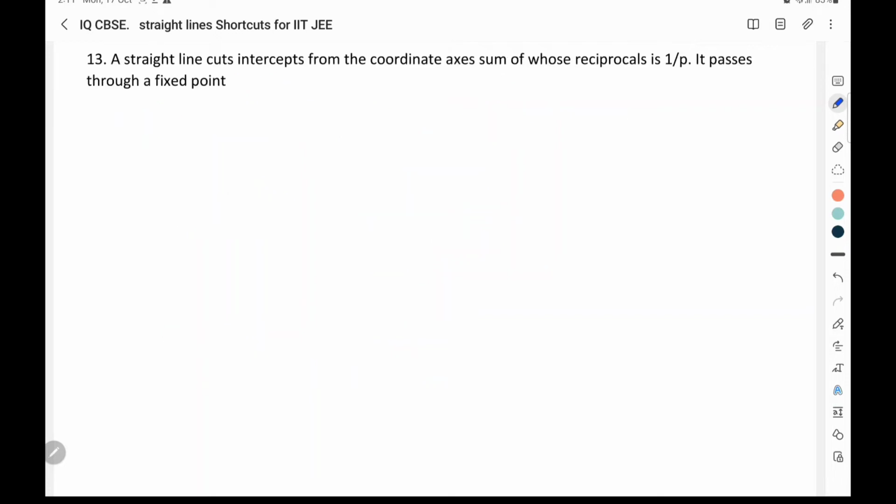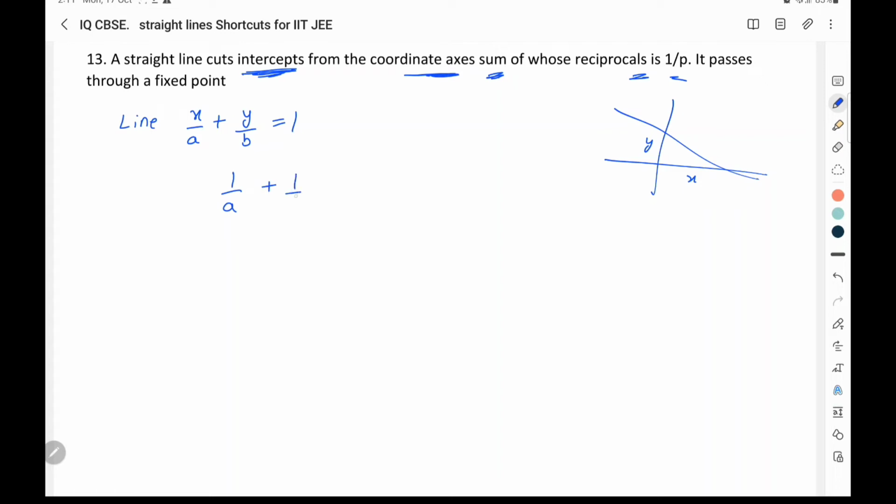Next. Now here the straight line cuts intercepts from the coordinate axes. So I got the line equation as x by a plus y by b is equal to 1. So I'll get that the sum of whose reciprocals is 1 by p. So here 1 by a plus 1 by b is equal to 1 by p.